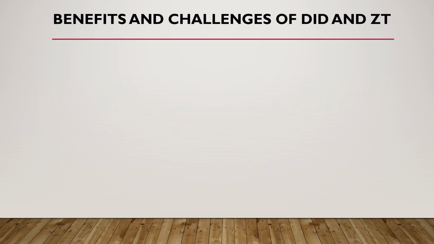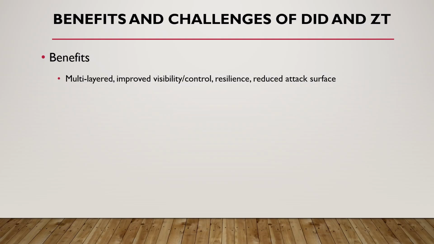Both the defense in depth and the Zero Trust strategies have associated benefits and challenges. In terms of the benefits, both employ a multi-layered security posture, with defense in depth very overtly emphasizing this, while Zero Trust applies this by having every access verified, so that an attacker would not be able to access one system to gain access to internal data, but would have to authenticate again.